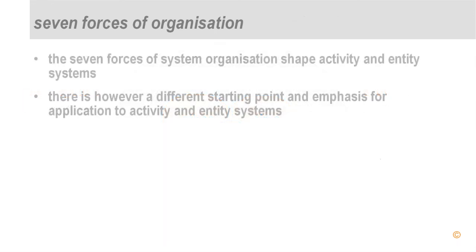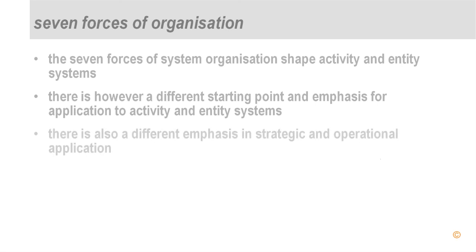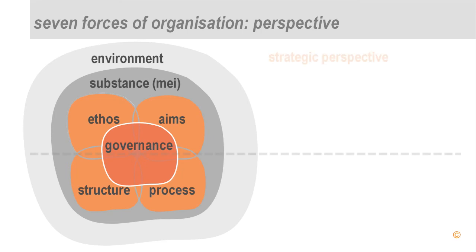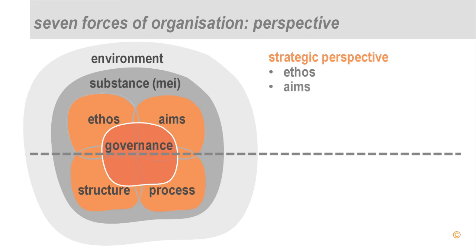There's also a different emphasis of these 7 forces depending on whether I want to do interventions in a system that are of a strategic nature or that are of an operational nature. The strategic perspective emphasizes the ethos and aims of the system.